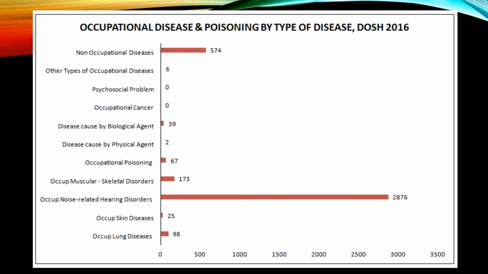So usually they will not only be able to detect the hearing loss, but also attribute or blame the hearing loss to the workplace. Whereas for other types of disorders, sometimes the link between the workplace and the disorder that they are experiencing may not be clear to them until they meet a healthcare professional like an occupational health doctor.